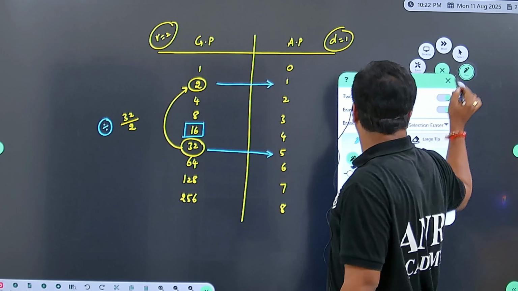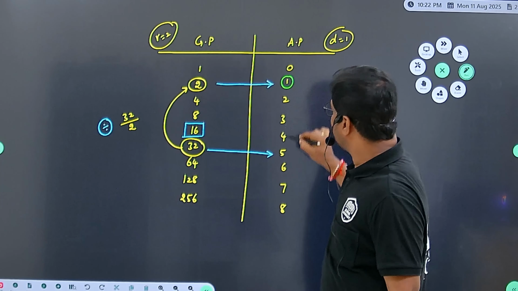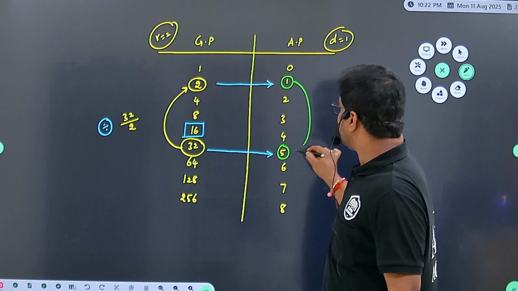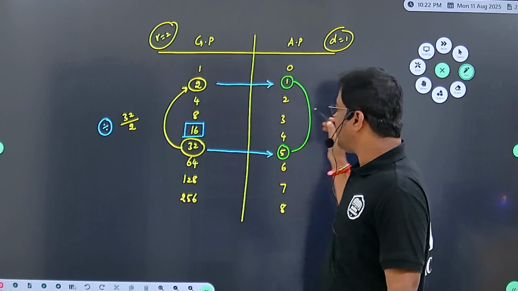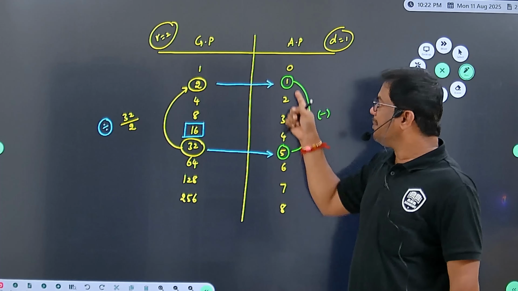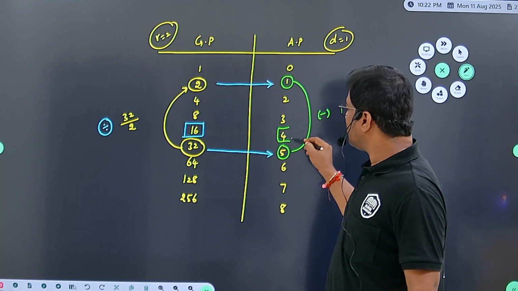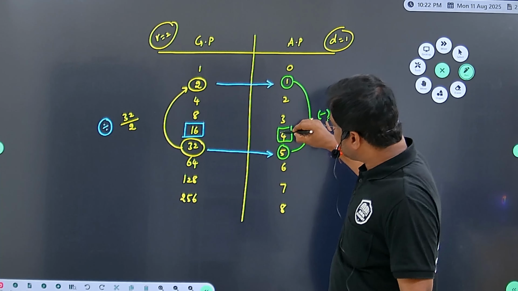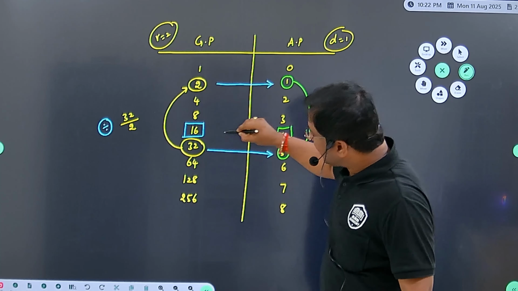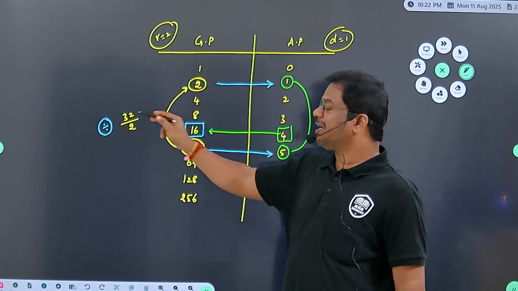Selecting the corresponding elements which are in AP. After that, instead of division, apply subtraction. 5 minus 1 gives the result 4, and the corresponding entry in GP is the result after dividing 32 by 2.